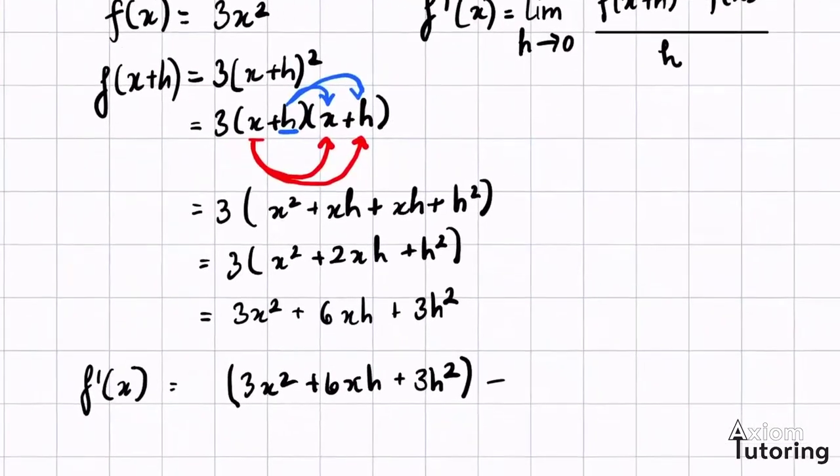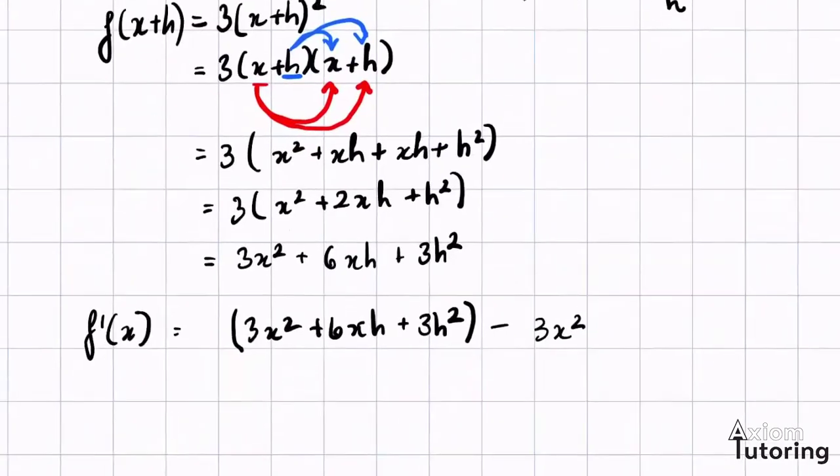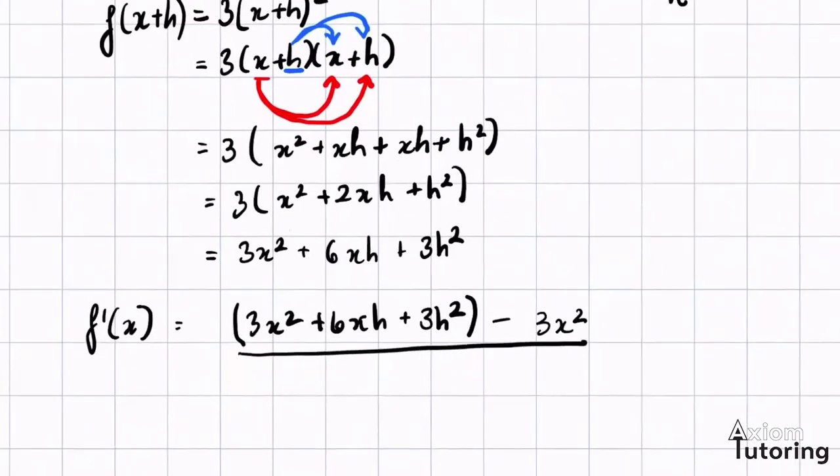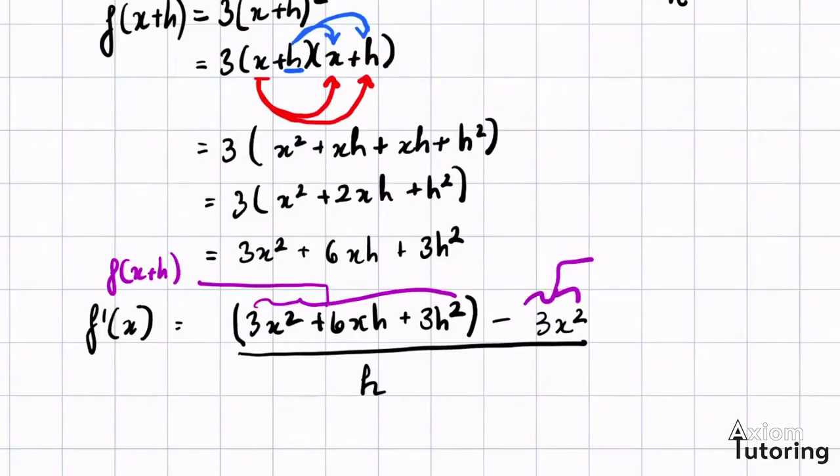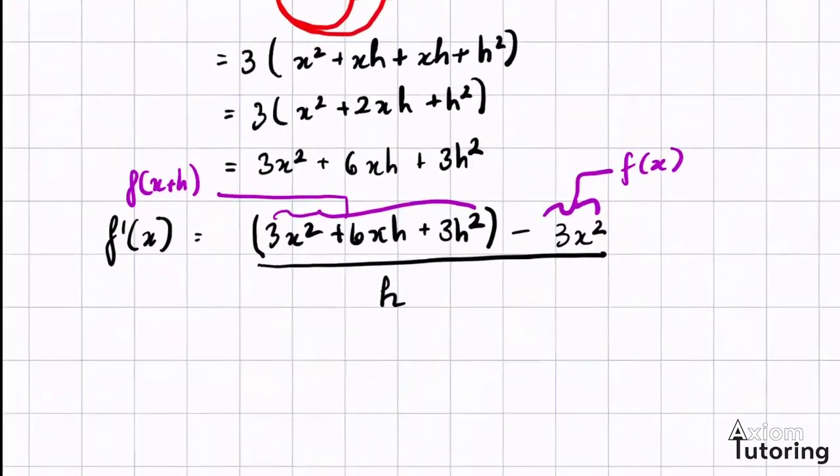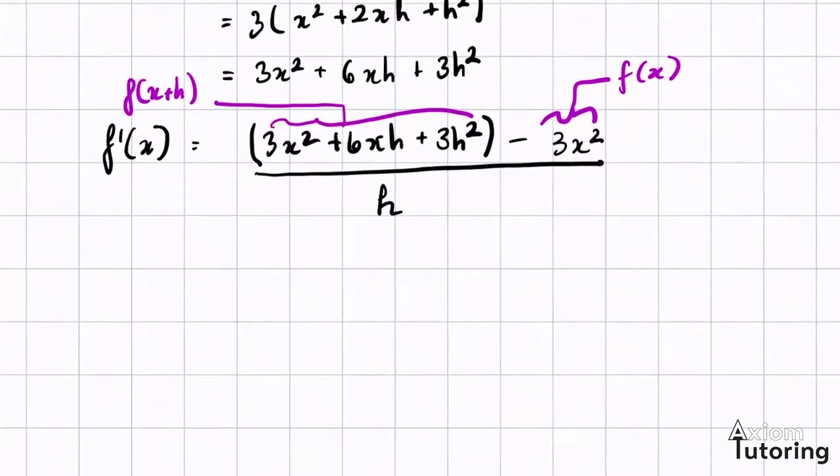So we're doing minus f of x, which is 3x squared all over h. And we can label it here just to make it very clear. All of this here is our f of x plus h, and this is our f of x. So it matches our definition of the derivative.